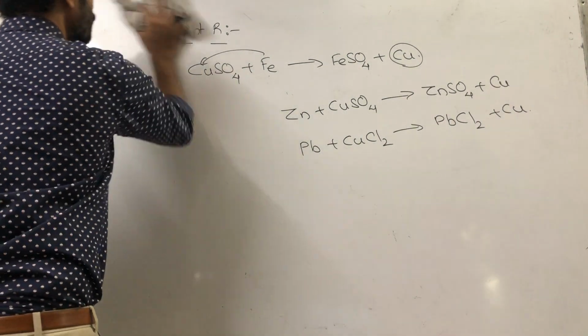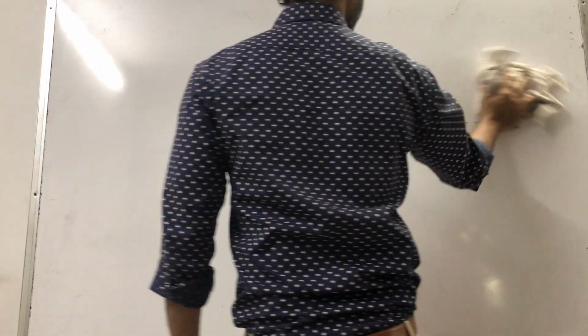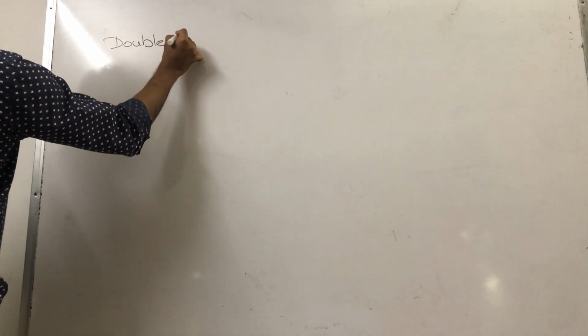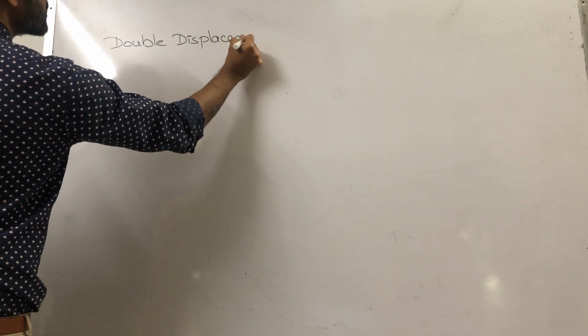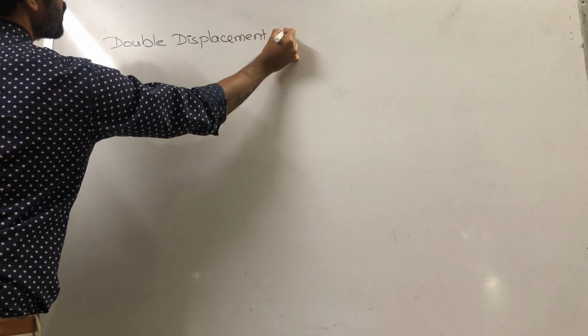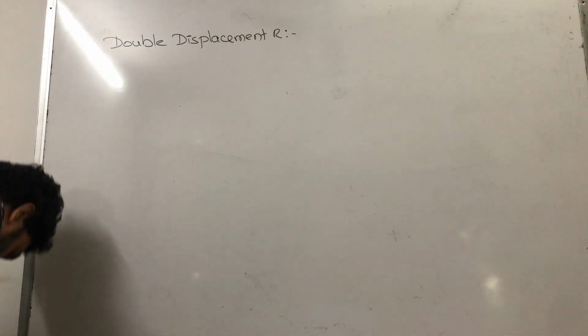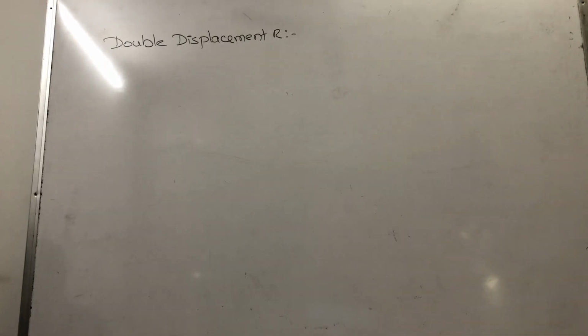Now the next type of reaction after displacement reaction, it is double displacement reaction. Now what is a double displacement reaction? So we say reactions in which there is an exchange of ions.